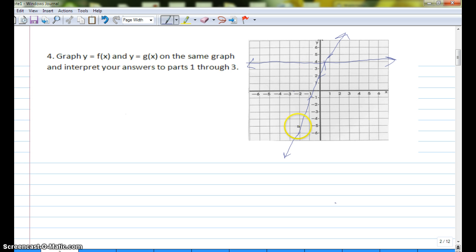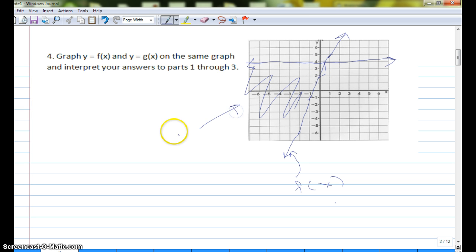Then when we're talking about where is f of x less than g of x, well, this line right here is f of x. So anywhere where the non-horizontal line, f of x, is below g of x, so all the way from negative infinity up to this point where they cross, this would be the area.